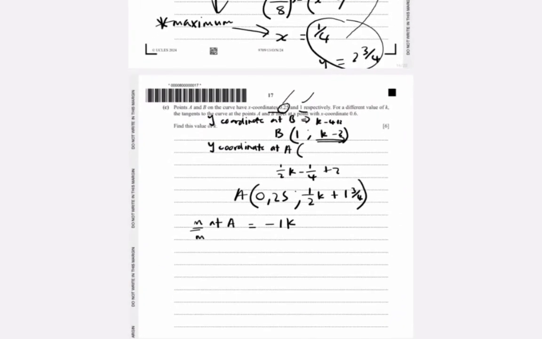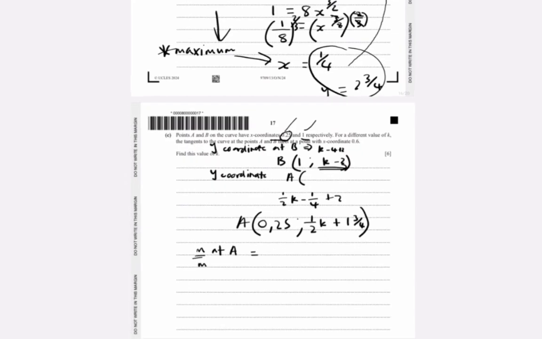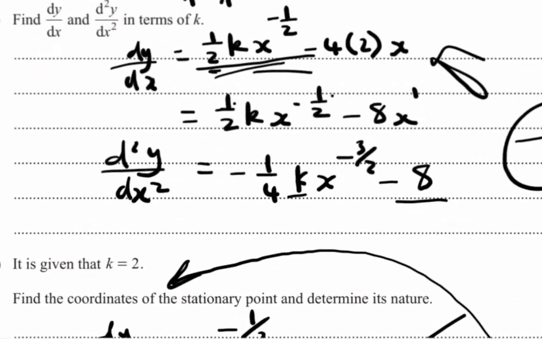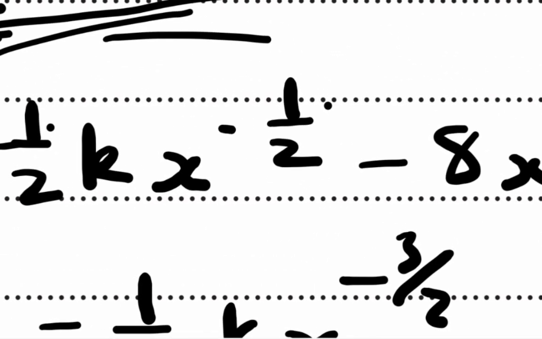So let me check that again. It's not minus 1k down here, because we are using this right here. So we're saying half 0.25 to the power minus 1 over 2, that's 1k.